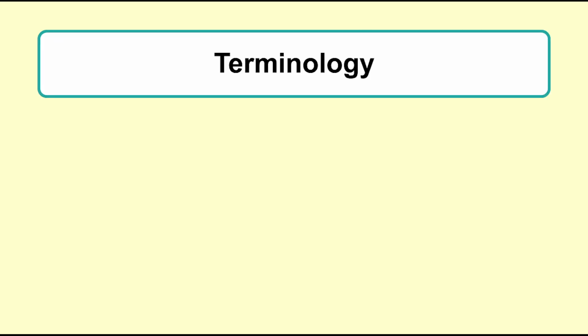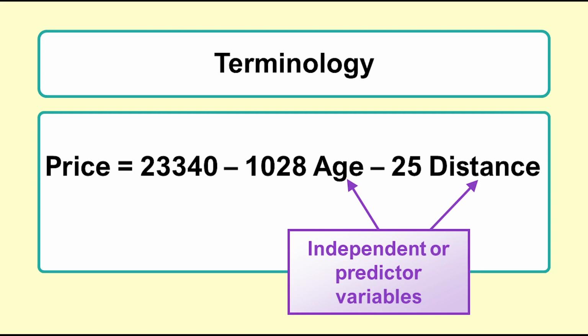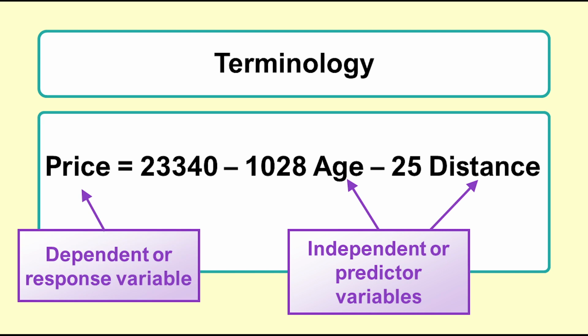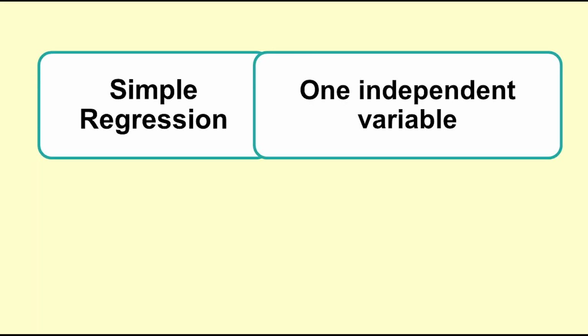Terminology. This model has two independent or predictor variables, age and distance. Price is called the dependent or response variable. We are saying that there is a linear relationship between age and distance and price. If we fit a model for price with just one out of age or distance, this is called a simple regression or linear regression and can be represented as a scatterplot on a two-dimensional plane.